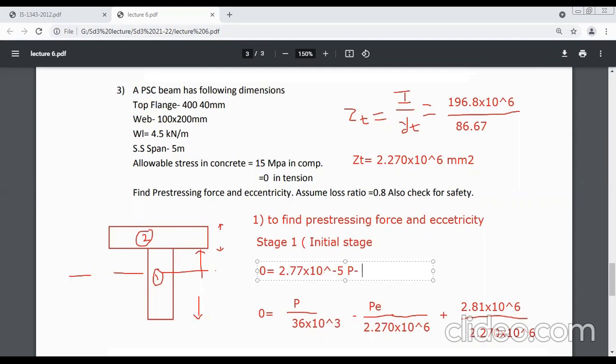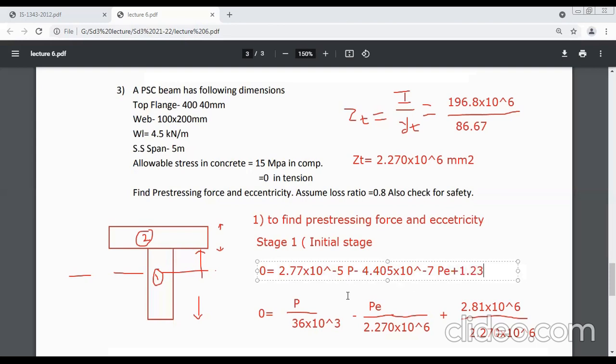We get 4.405 into 10 raised to the power minus 7 in terms of PE, then plus 2.81 into 10 raised to the power 6 divided by 2.270 into 10 raised to the power 6, which gives 1.23.